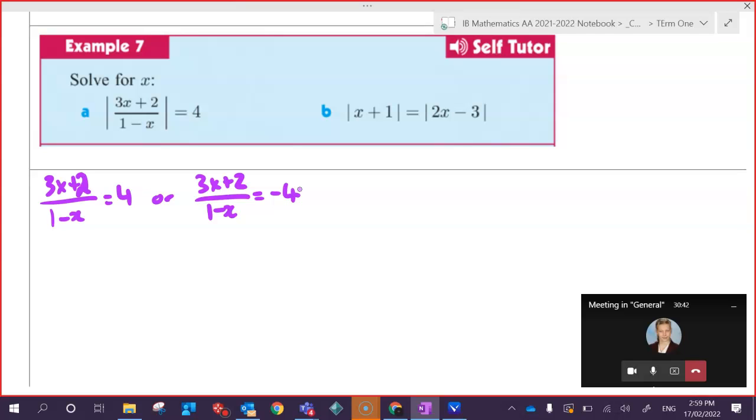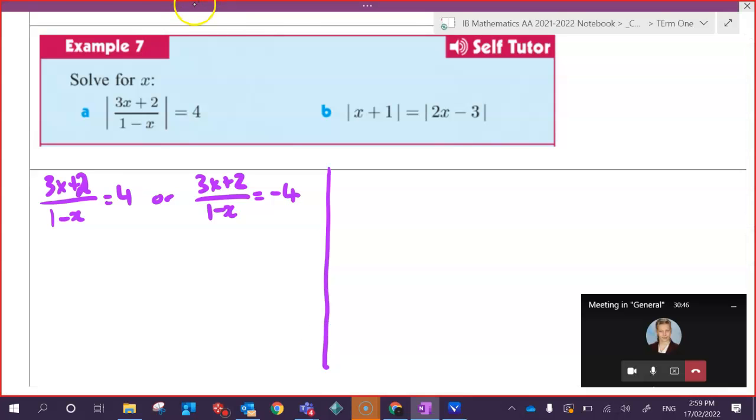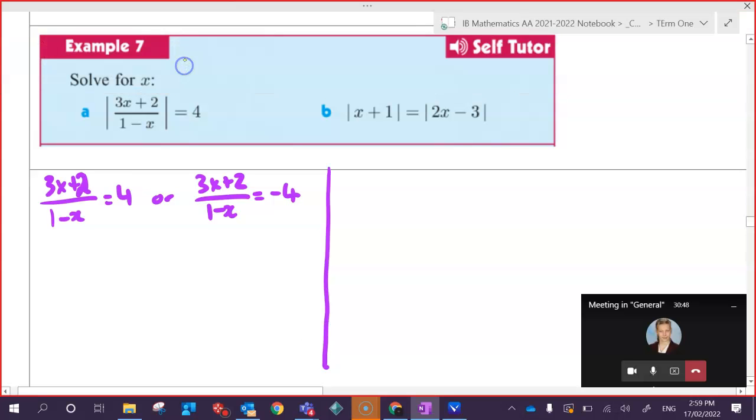What are you going to do for the other one on the right-hand side? You can just go with x plus 1 equals positive or negative 2x minus 3 and it will work. Oh yeah, actually.